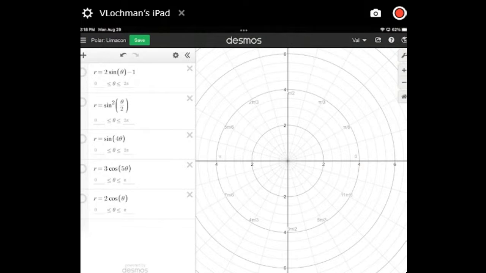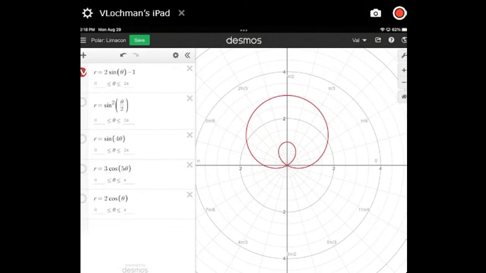The first curve is 2 sine of theta minus 1. So I'm going to highlight it. And this curve we're going to call limacon. I think it's something in French, if I'm not mistaken. It actually means like a snail. But don't quote me on that.